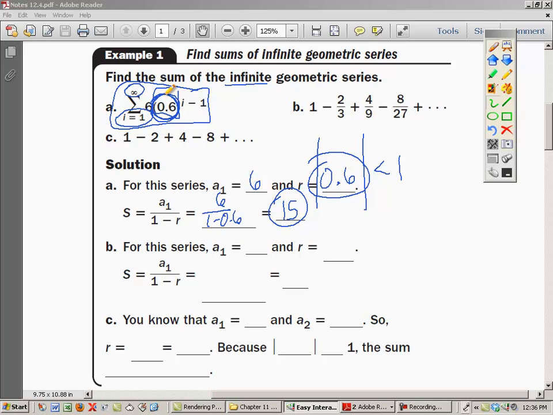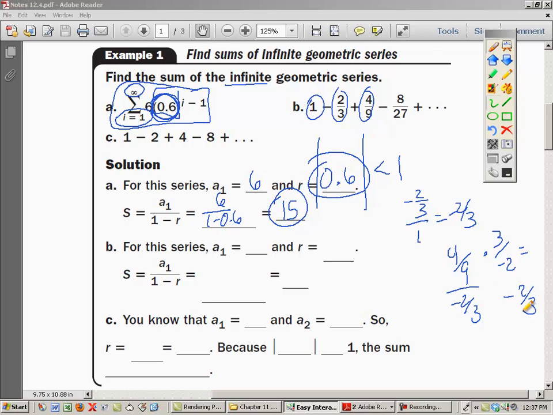Okay? In the second example, again, it looks like we're subtracting and adding, so it would be an arithmetic series, but that's not what we're doing. We're saying, look, the first term is 1, the second term is negative 2/3, the third term is 4/9, etc. So negative 2/3 divided by 1 just becomes negative 2/3. We have 4/9 divided by negative 2/3, which really says multiply by 3 over negative 2, and lo and behold, you also get negative 2/3.